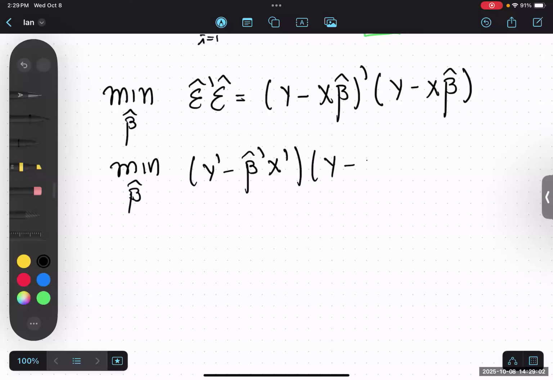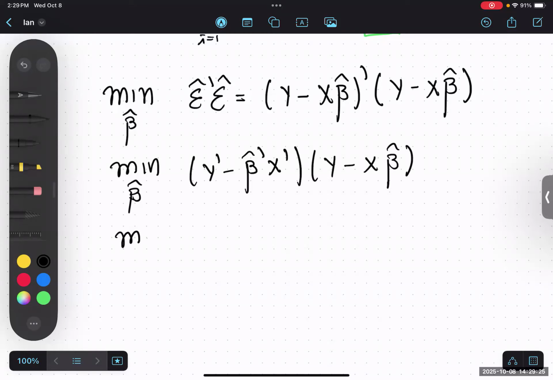The second vector is the same. It's just epsilon hat, which by definition is what I have here inside the parentheses. It doesn't seem like it, but that one is a beta hat.